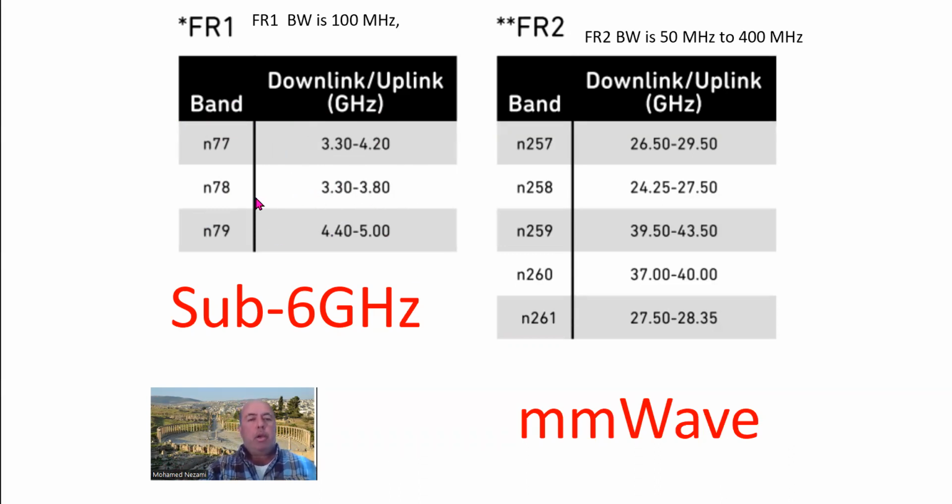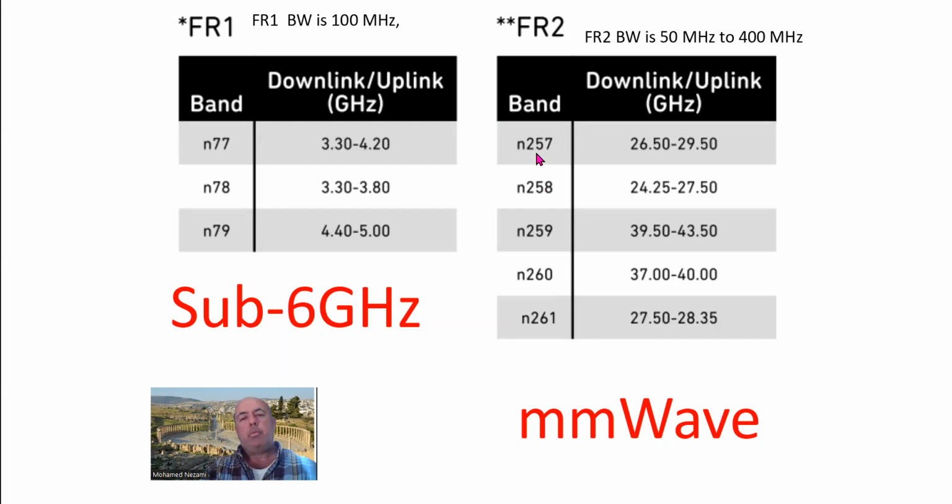We also have down below the 2.5 to 2.7, which is the old MMDS that I used to work on in the 80s and 90s, circuits for that back in the US. So we have that as well, but mainly I'm going to cover stuff that has to do with these bands here.